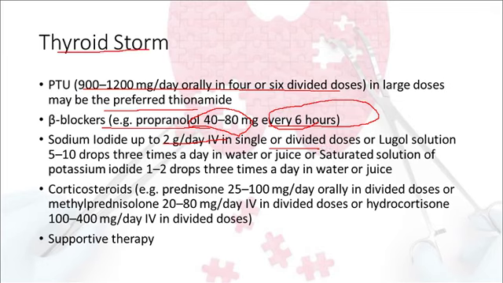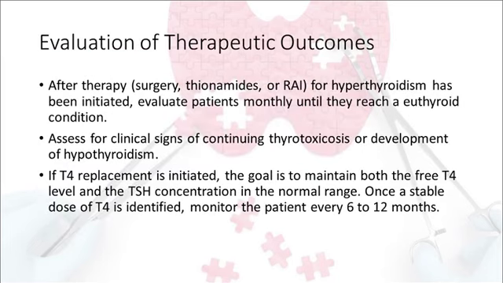In terms of evaluating the patient's therapeutic outcomes, you must consider that after therapy, which is either surgery, thionamides, or radioactive iodine for hyperthyroidism, has been initiated, you must evaluate the patient monthly until they reach a euthyroid state, after which it will then depend whether you're going to evaluate them every 6 to 12 months.